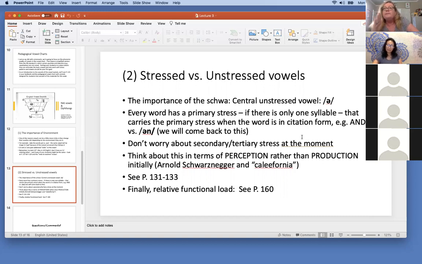So you can think about this both in terms of perception and production. I don't know how many of you remember when Arnold Schwarzenegger was governor of California, but he always used to pronounce it "Californya."